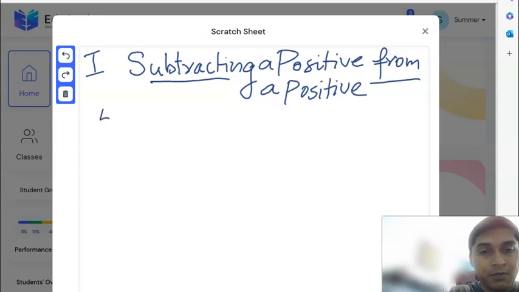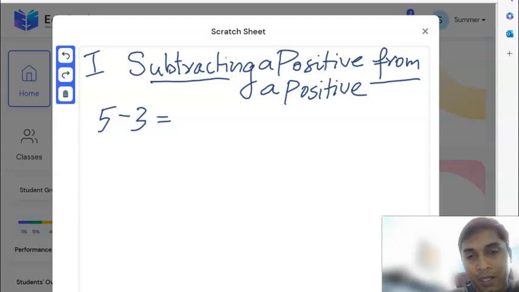For example, 5 minus 3, you all know the answer, but that's also the same as writing 5 plus... you changed that subtraction sign to addition, but 5 was positive there, and 3 also was positive there. The math operation was subtraction.